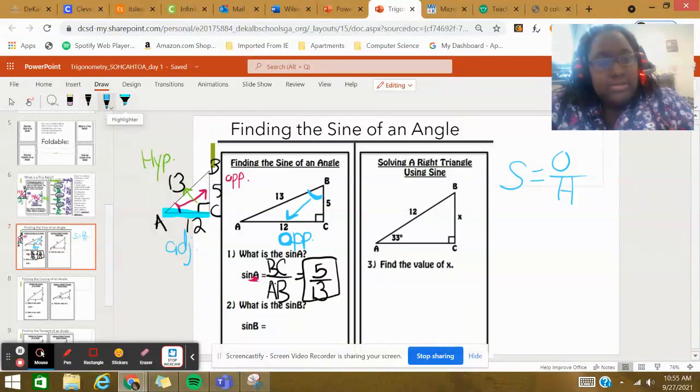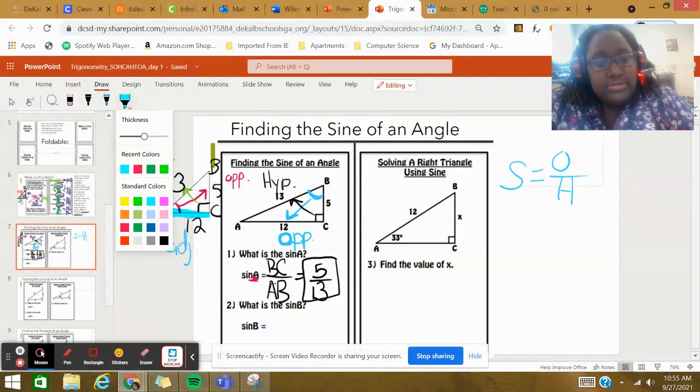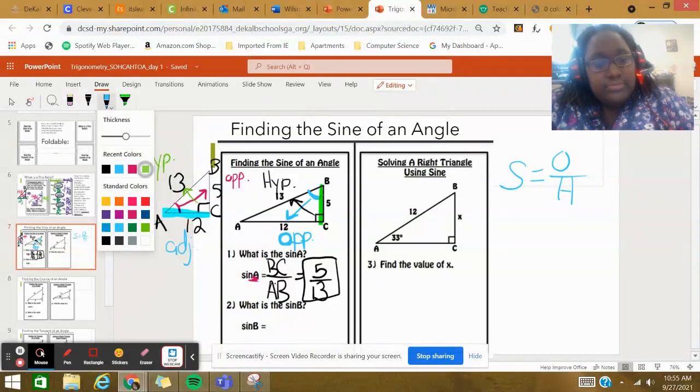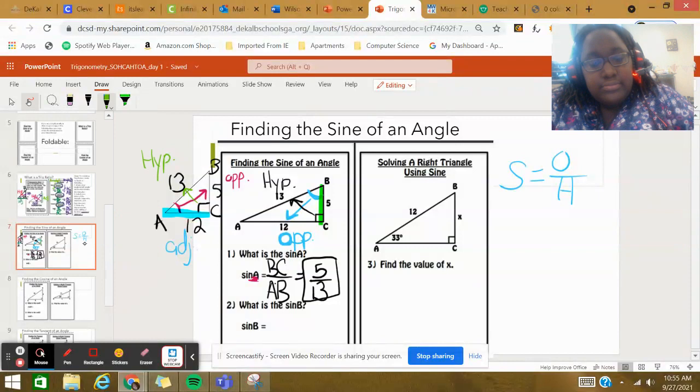Remember that my hypotenuse is always going to be opposite my right angle or 90-degree angle. So this is my hypotenuse. And then finally my adjacent side, which will be BC. And I'm going to put ADJ here.